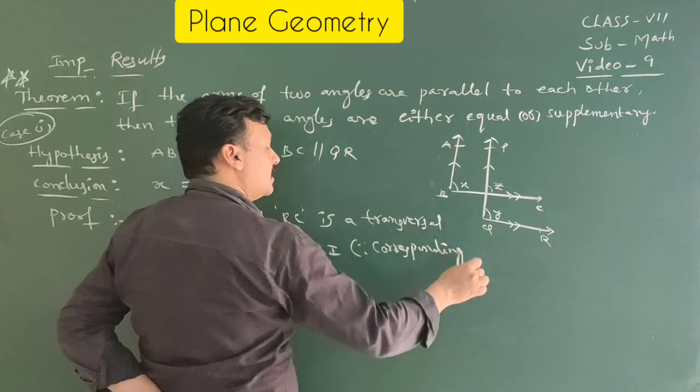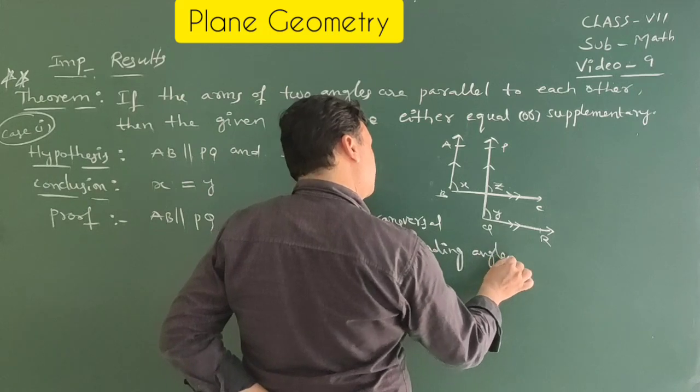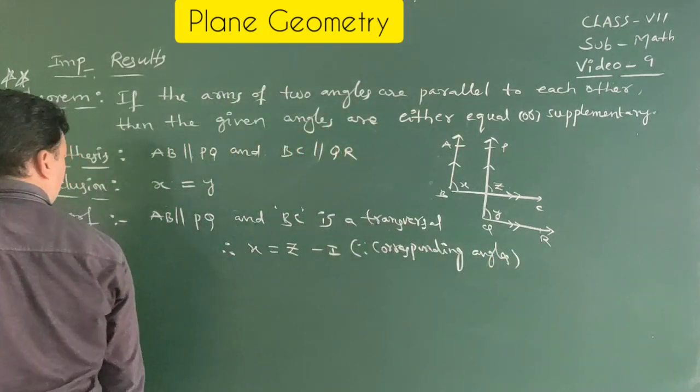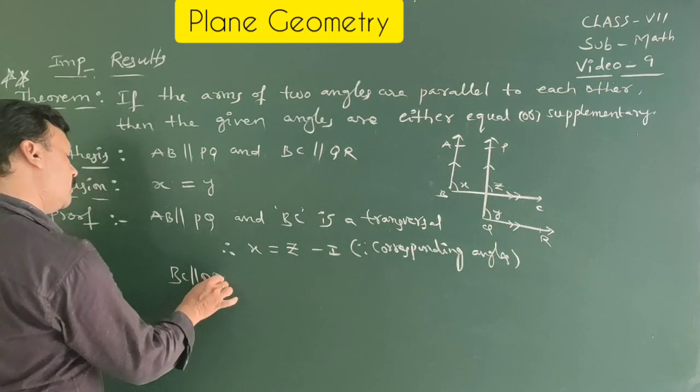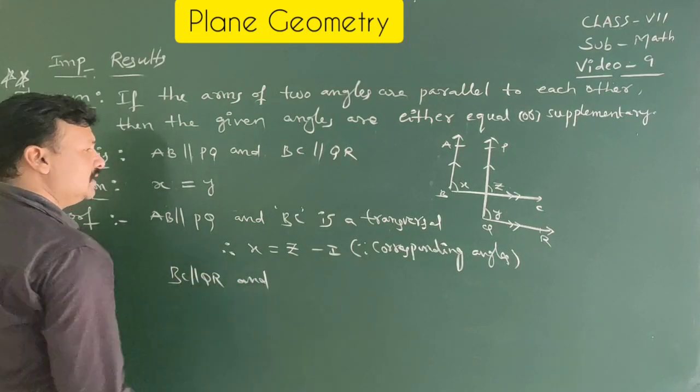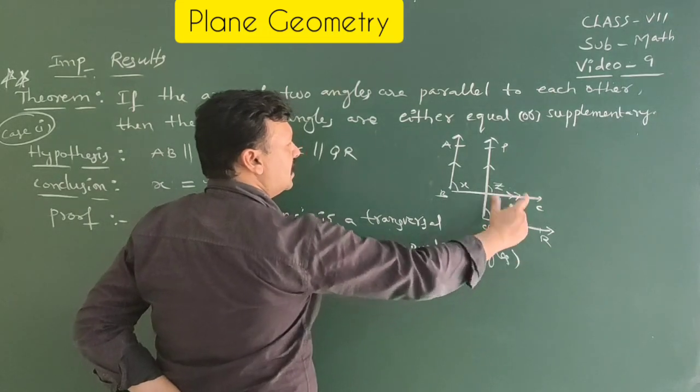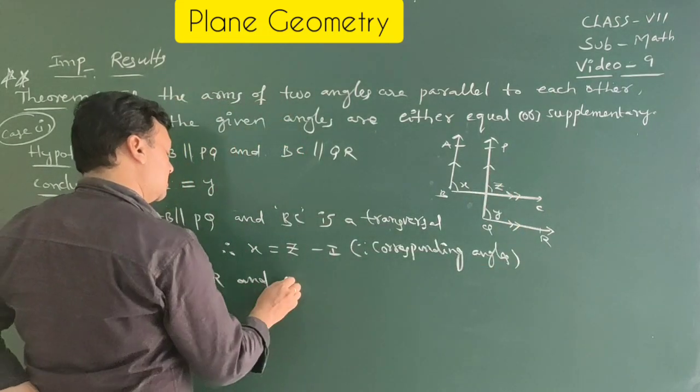Another one: BC parallel to QR and PQ is a transversal.